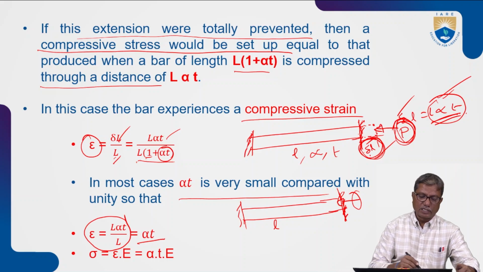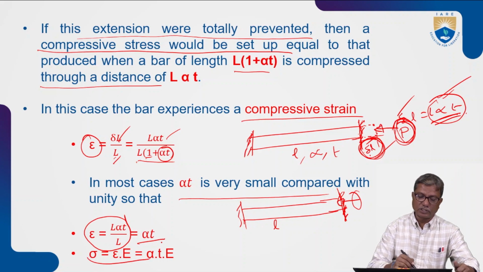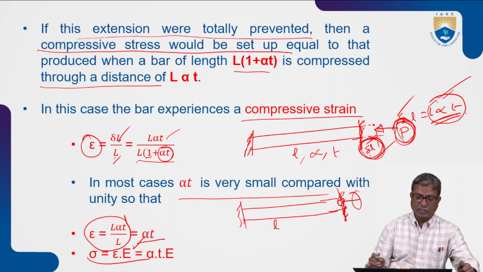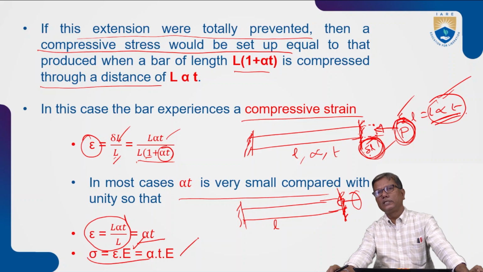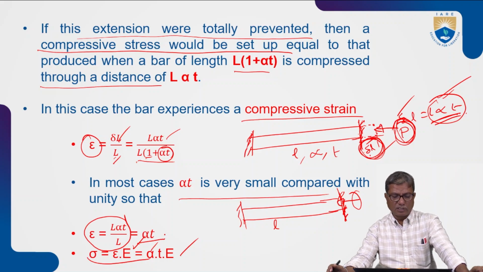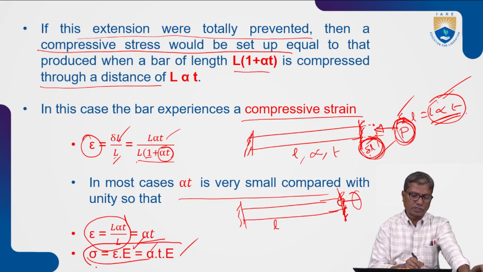Okay, and the stress now is equal to strain into Young's modulus E, that is alpha T into E. So knowing the material constants alpha and E, we can find the stresses induced using this expression.